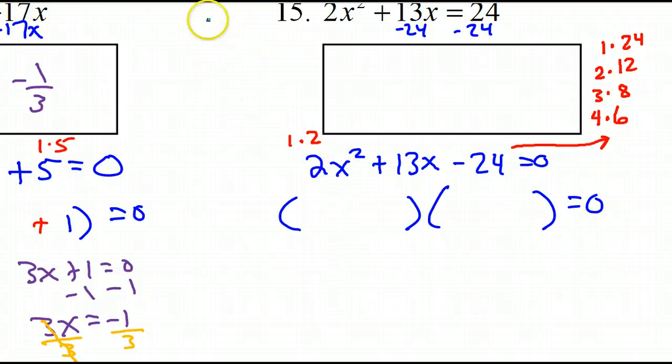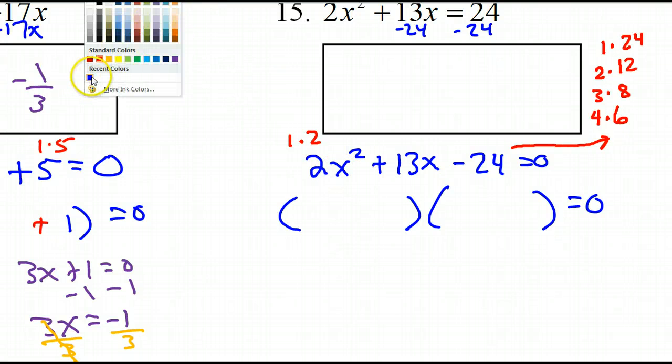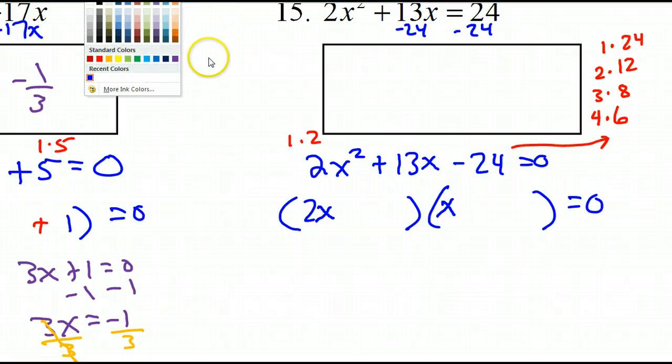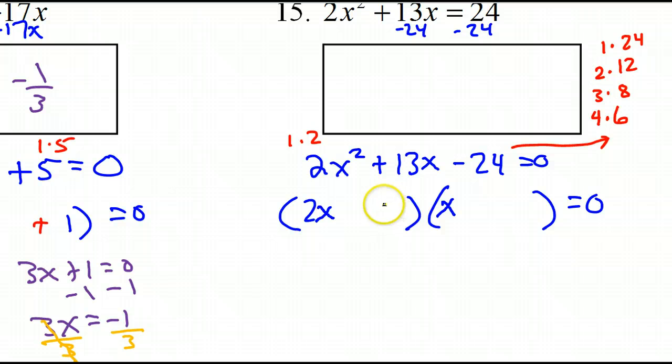Okay, so let's see what we've got. So 2x squared, it's 2x and x. Normally I would start with 4 times 6, but I know that that is not going to be the answer, because if I put 4 and 6, that would create a common factor here.